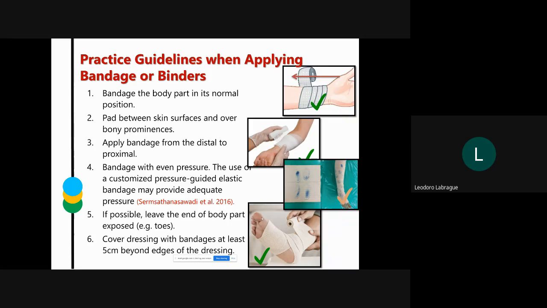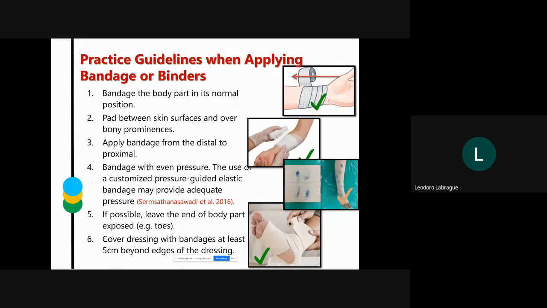And number 6, cover dressing with bandages at least 5 centimeters beyond edges of the dressing. If this is my wound and I need to apply bandage on this area, I need to apply at least 5 centimeters before and 5 centimeters after. So start from here and end it here, and the wound is at the center.